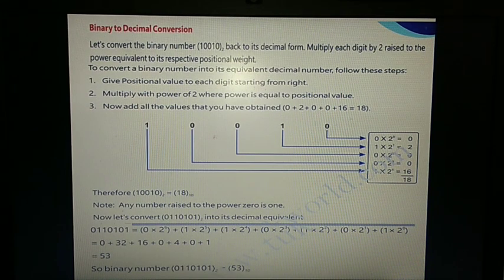Now let us learn how we convert binary numbers to decimal numbers. Let's convert the binary number 10010 base 2 back into its decimal form.